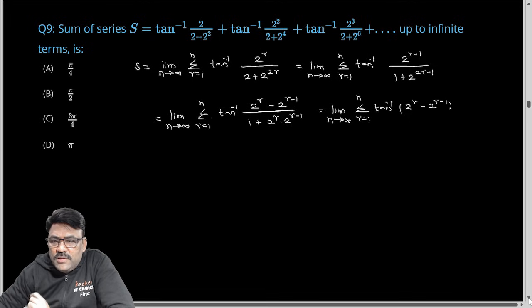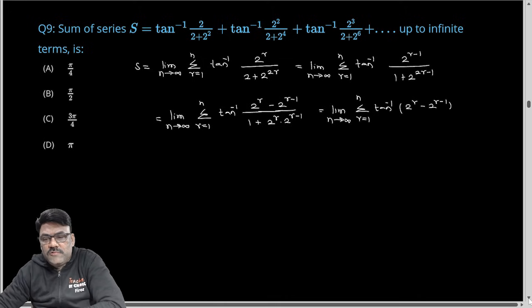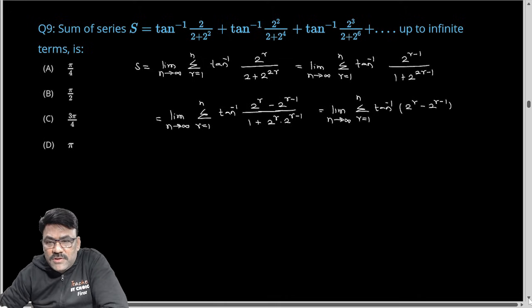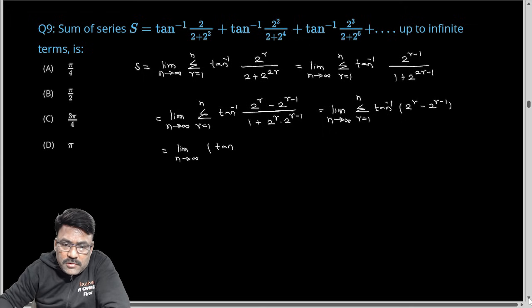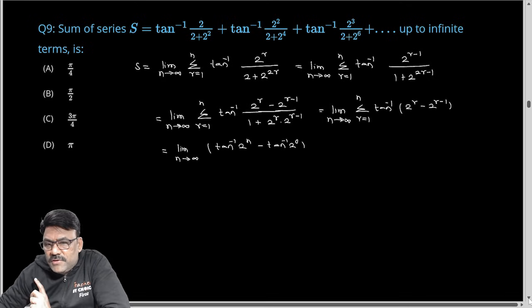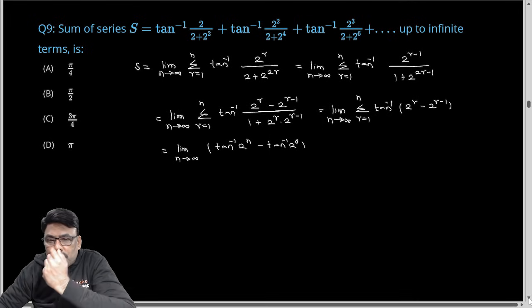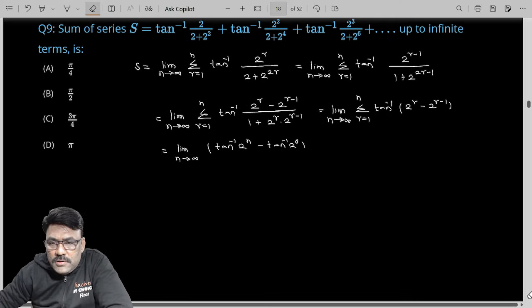And now you can see that it is a telescopic series. When you put r varying from 1 to n, all terms get cancelled except the first one and the last one. The largest one and the smallest one, all other terms will get cancelled. My bad here.